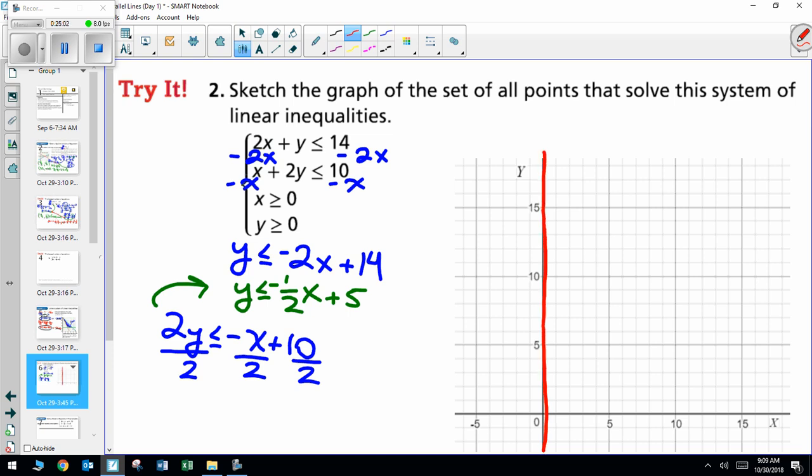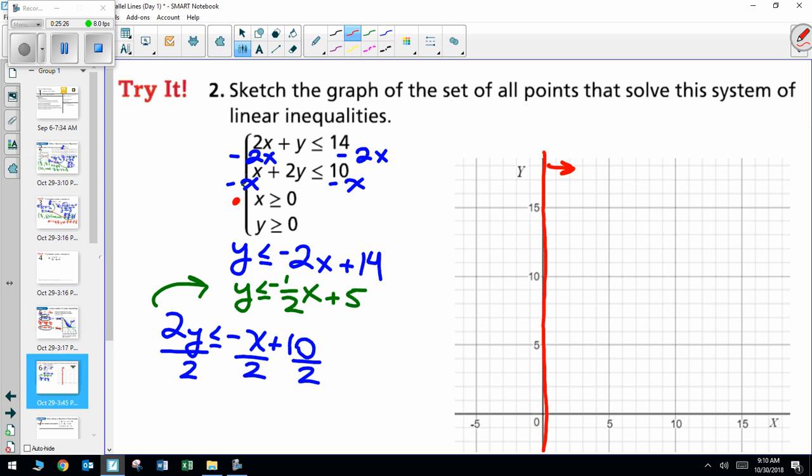Okay? And because I'm greater than or equal to 0, I would shade everything to the right side. So I'm just going to put an arrow there indicating what direction I would shade. I don't want to shade everything yet. I only want to shade where they all overlap.